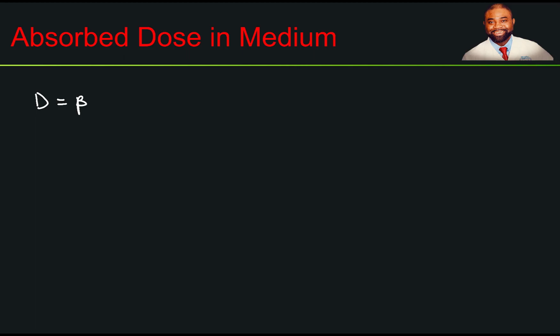But if charged particle equilibrium exists, beta will be equal to 1, in which case this will be equal to the energy fluence in that medium multiplied by the average mass absorption coefficient. Remember that this is the energy fluence at the given point in that medium.